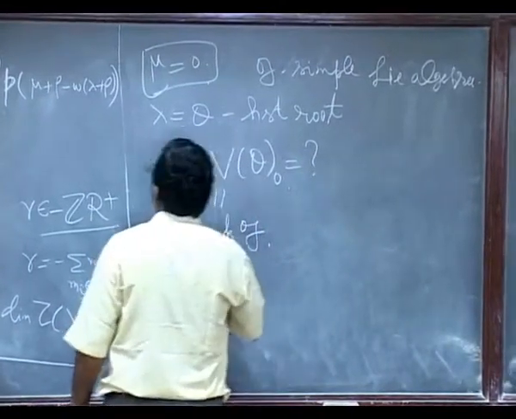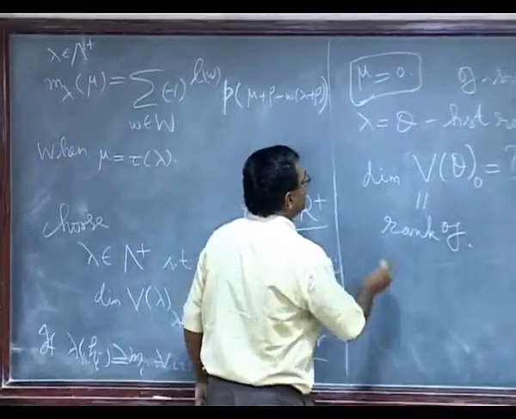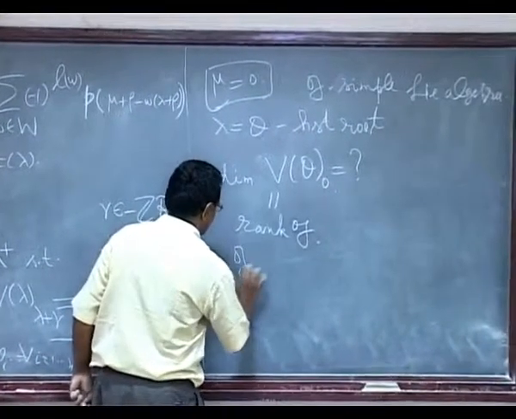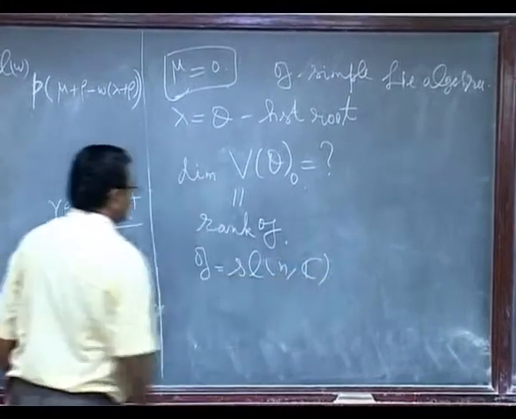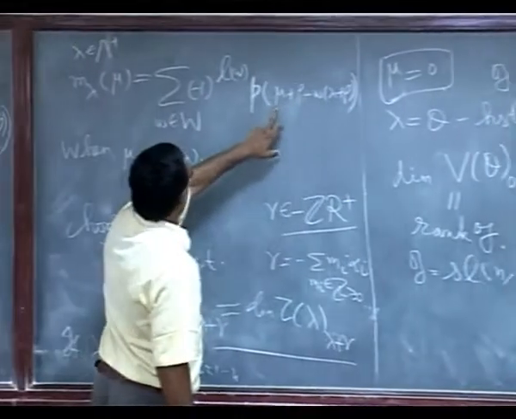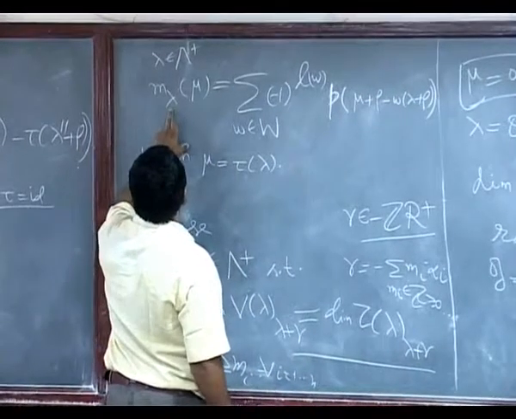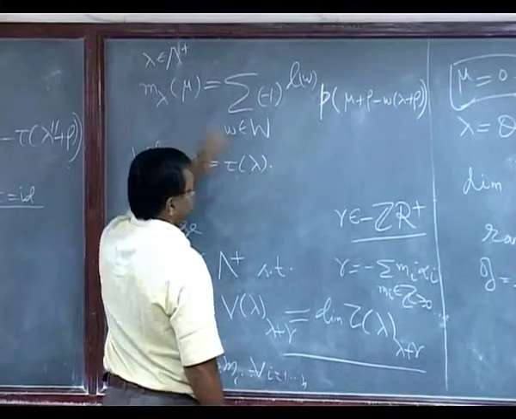Even this number, and even again special if you want, say G is SL n C, using this number, putting mu equal to 0 and lambda equal to theta, it is not easily computable.